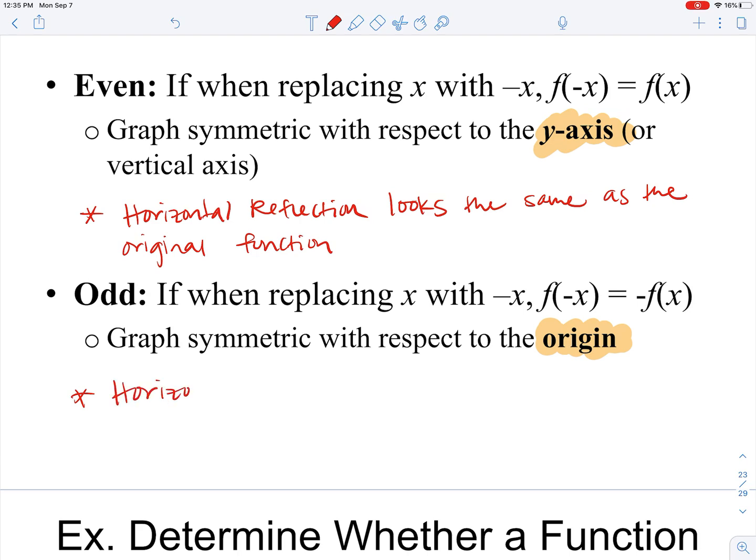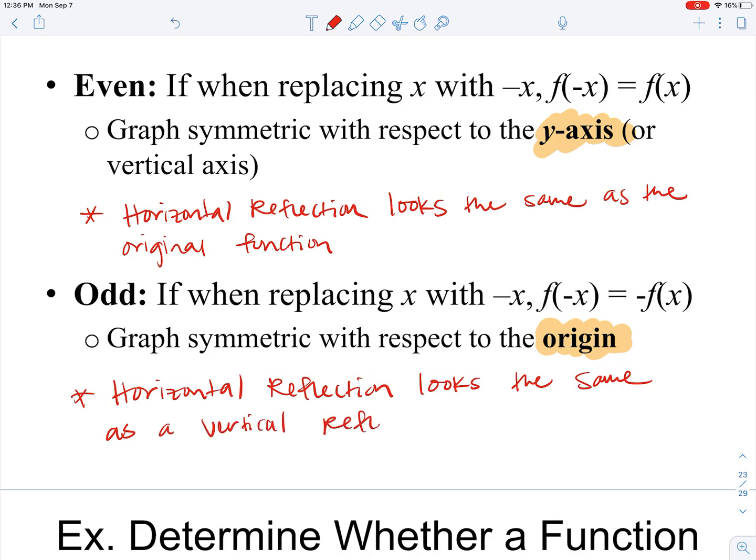Okay, so in other words, a function is odd if a horizontal reflection looks the same as a vertical reflection.